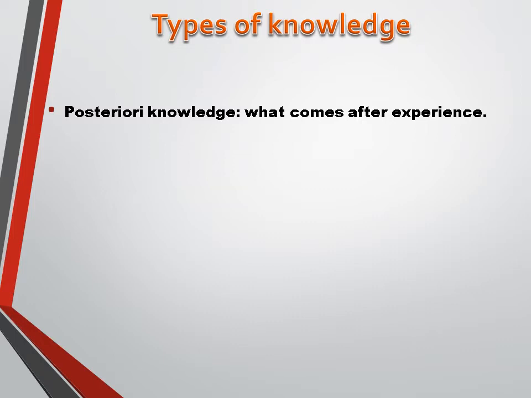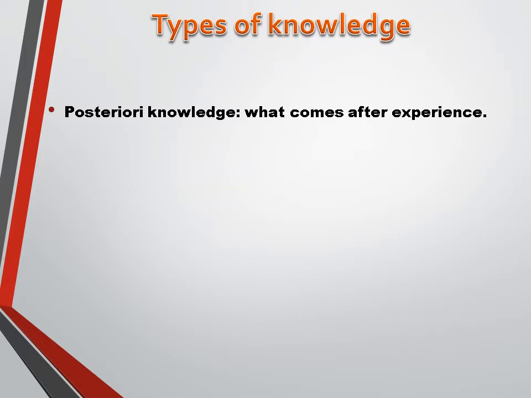So this particular phenomenon or theory is based on posterior knowledge, that you need to do something, you experience it and you gain knowledge. Because of your experiences, you are making neural connections in your brain, which helps you to understand the thing in a better way. So that is an example of posterior knowledge.